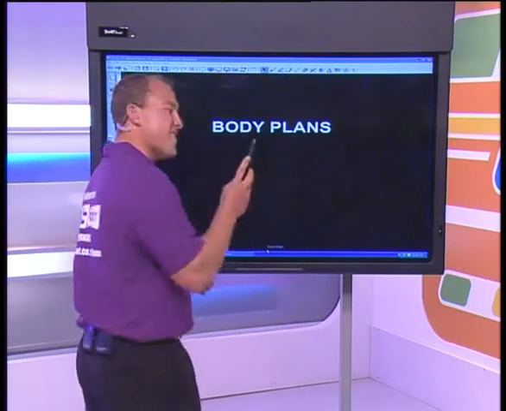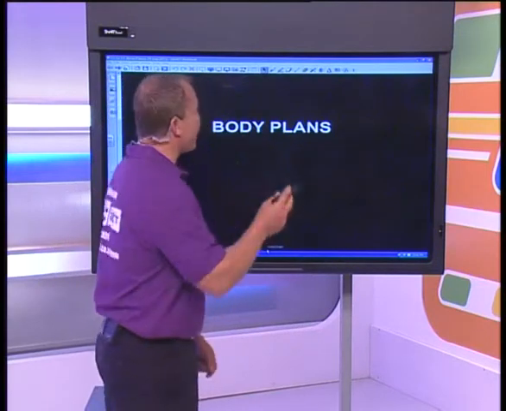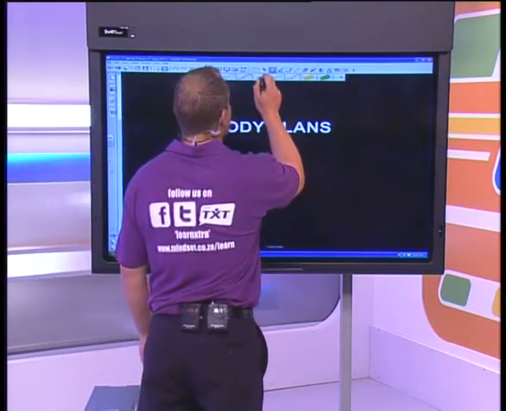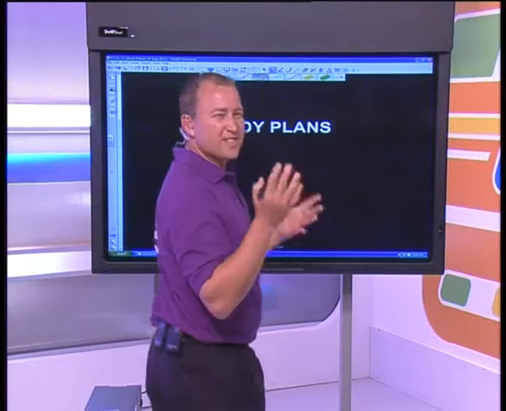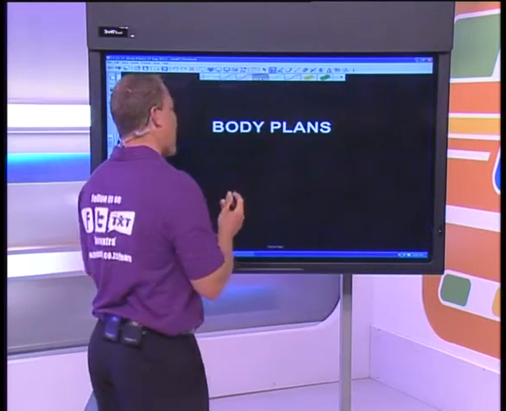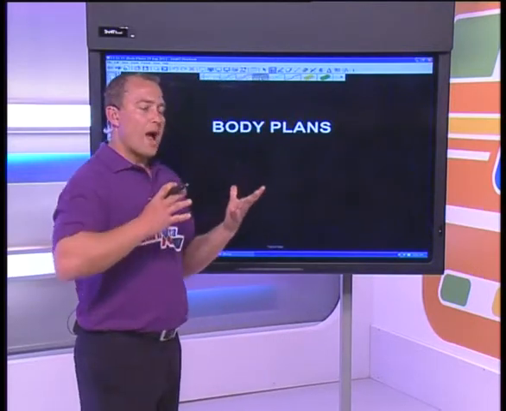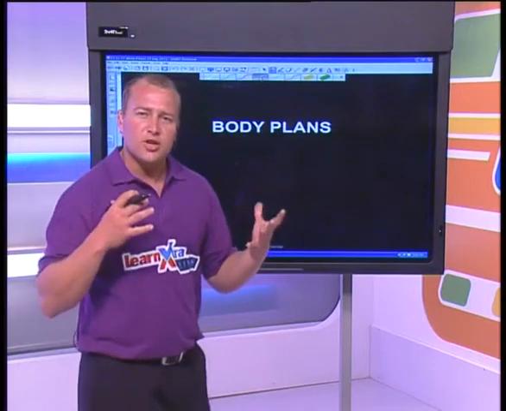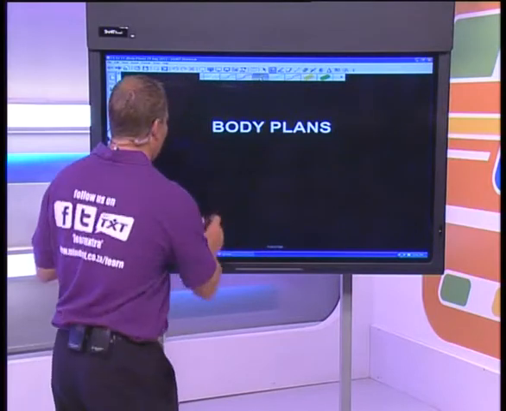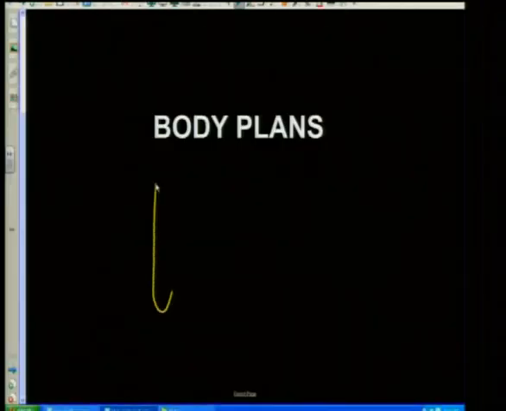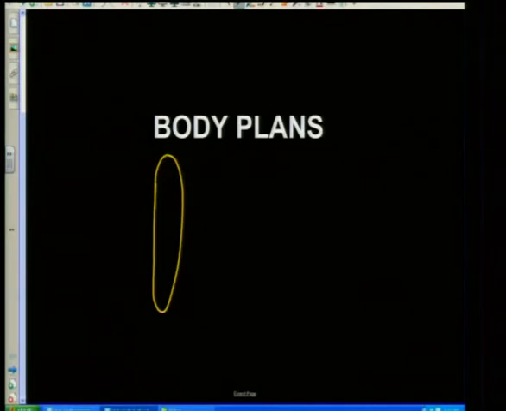First thing we're going to have a look at is when we did body plans last week, Wednesday, we had a look at how it is divided. You can get certain divisions. For example, you've got bilaterally symmetrical, which means if an animal was like that, you could cut it right in half.